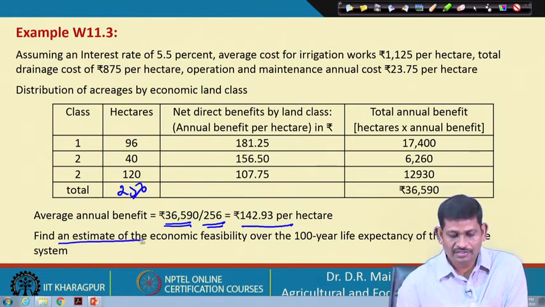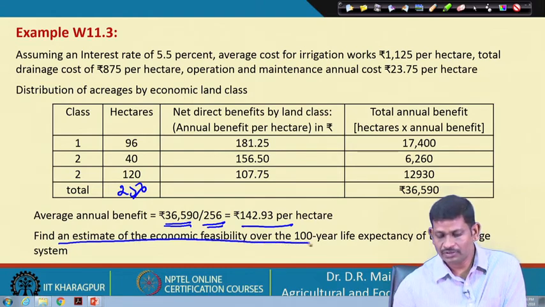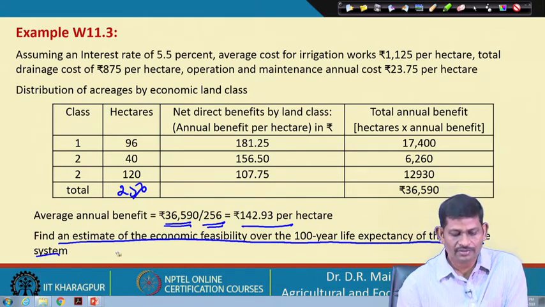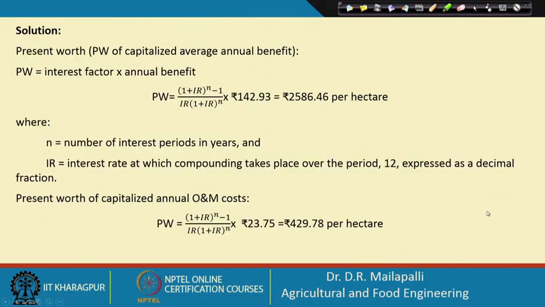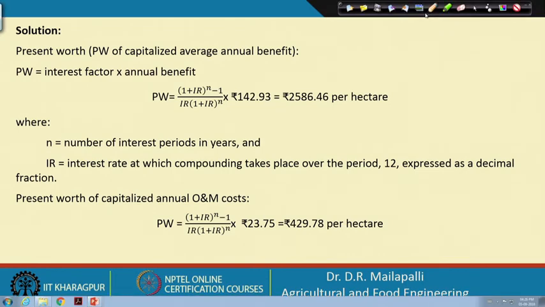So, find an estimate of economic feasibility over a 100-year life expectancy of the drainage system. You are asking whether it is worth investing in this particular drainage project or not. For that, the present worth, that is PW, of the capitalized average annual benefit is the interest factor times the annual benefit.